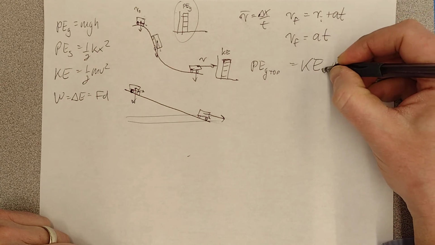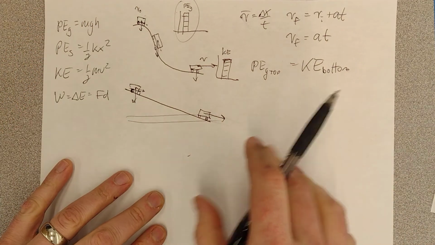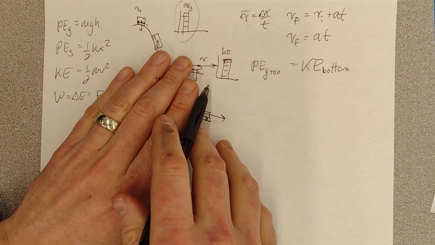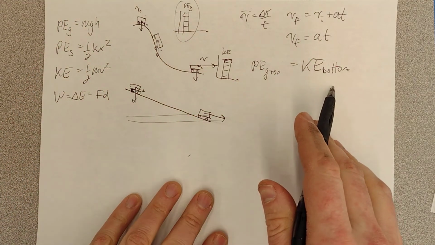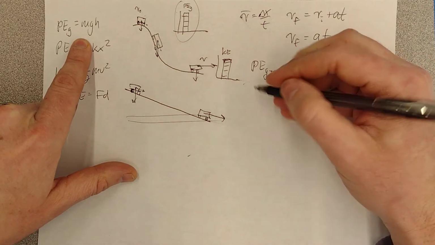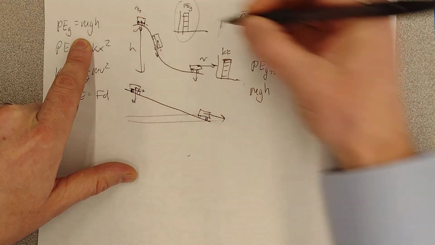All right, so we're going to take these bars that we made on the first worksheet, and use that conservation of energy principle to determine things like the speed at the bottom. So you could say, okay, mg at the top, that's mgh, where h is the height of the ramp.